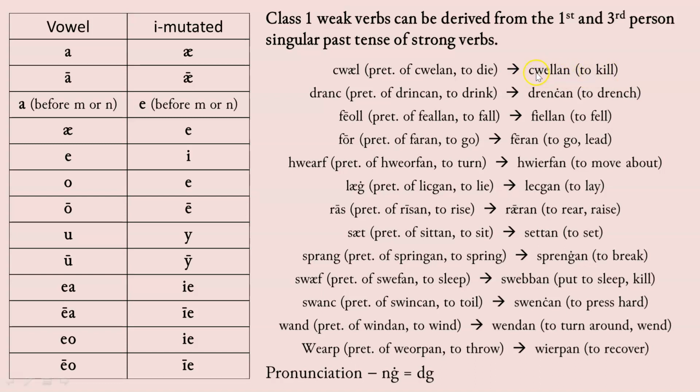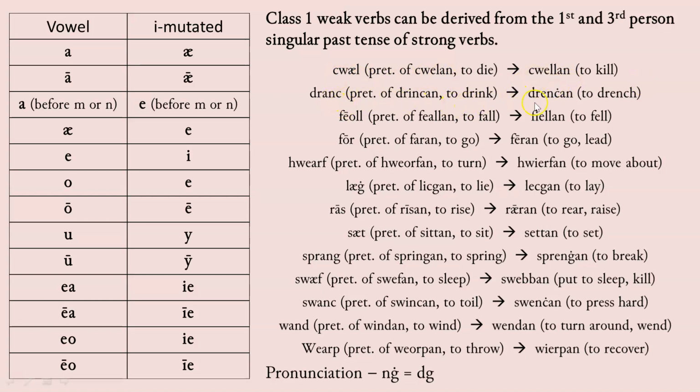So a class 1 weak verb quellen, to kill, and it came from the first or third person singular past tense of strong verbs. So the preterite of quellen, or past tense of quellen, to die, is qual. Ich qual. Here qual. They die, I die, so on. All right? First or third person singular past tense.